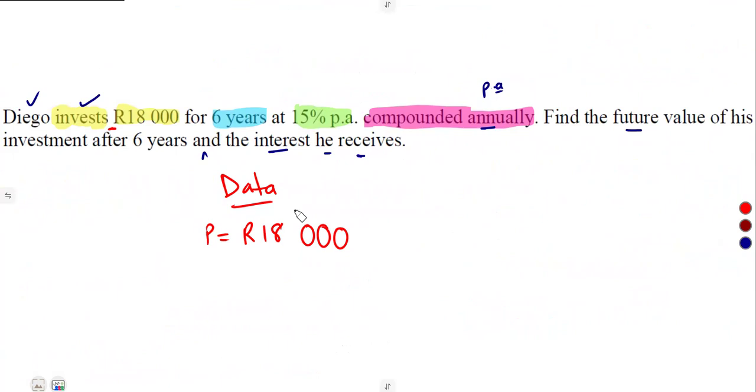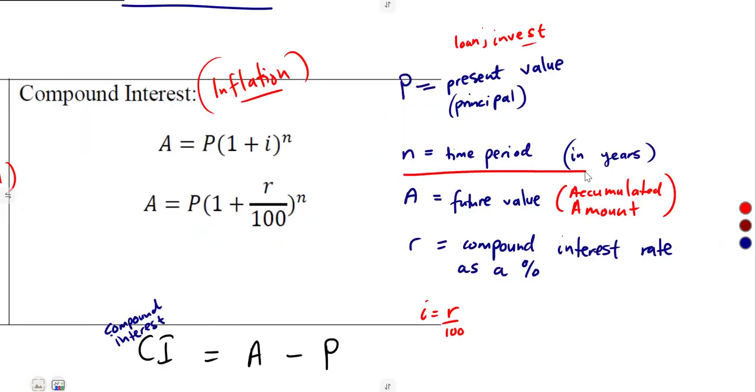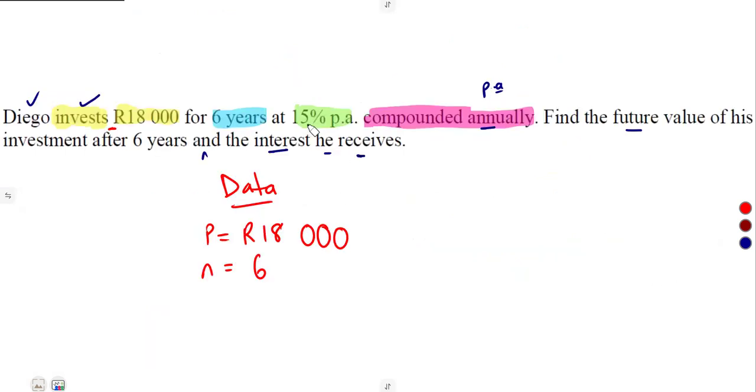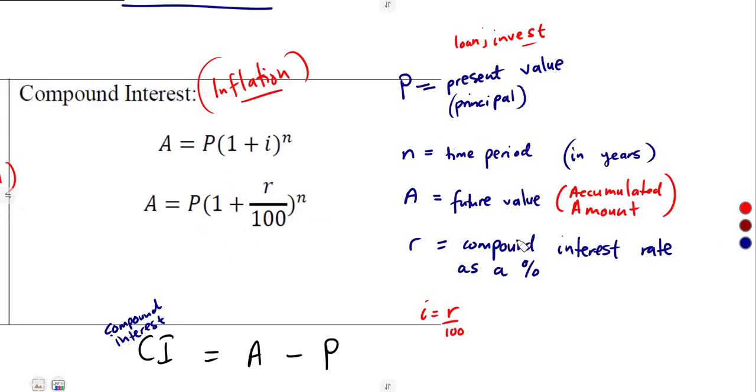All right, so let's go back to our question. For how many years? For 6 years. The number of years, n is 6. Time period in years, that's our n. All right. At 15% per annum, the percentage is what? The R there.